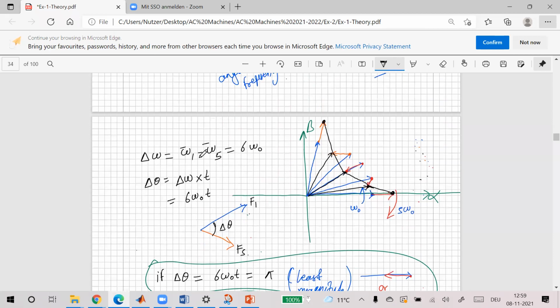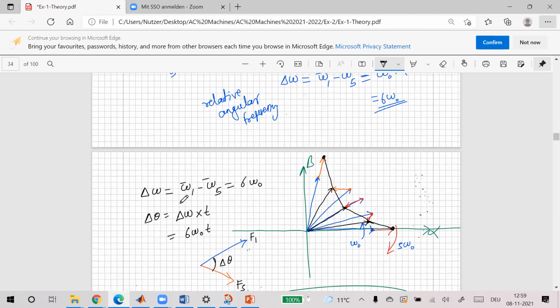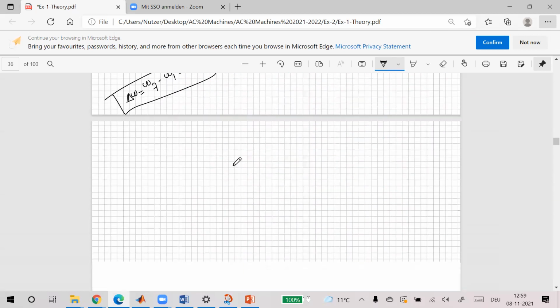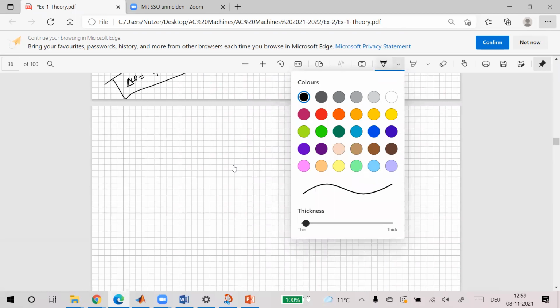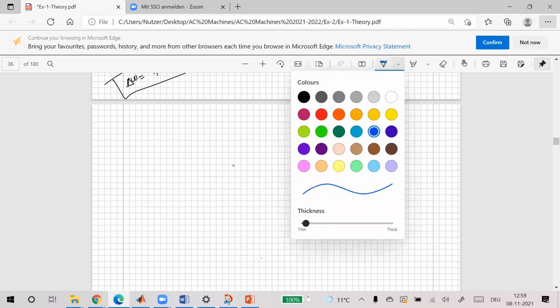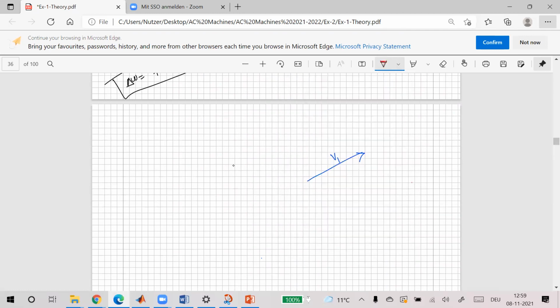So here, if I just do this, I think you know what I mean. Let's say at any moment this is your fundamental, this is your V1, and this would be your V5.